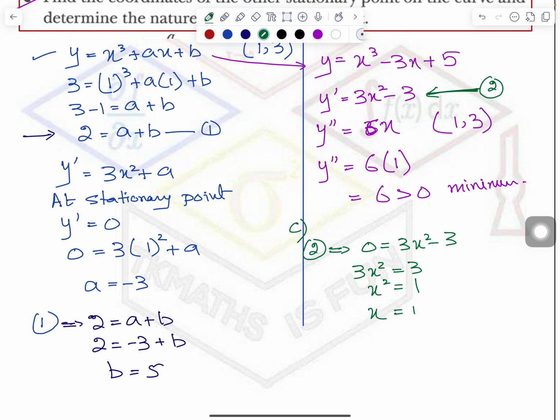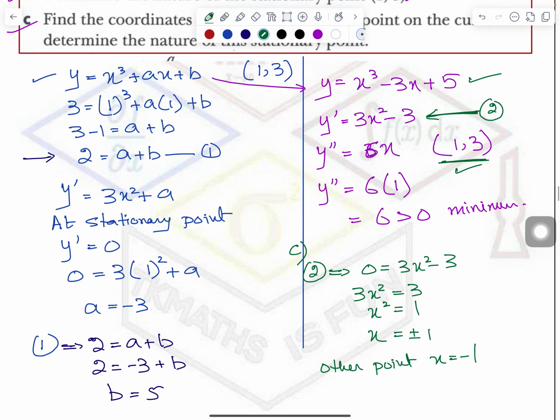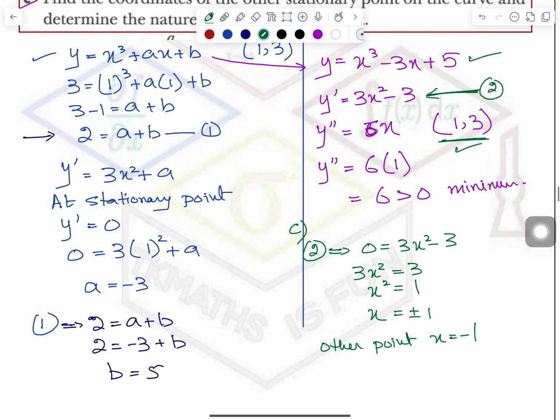So I got x squared equals 1, so x is ±1. Now the stationary point which is given in the question has x equals 1. So the other point is x equals to -1, because one stationary point which is given in the question has x equals 1. Now this value of x I will substitute back in the equation to get the y coordinate. Right? So let's substitute it here.